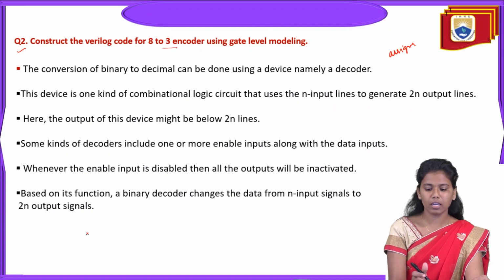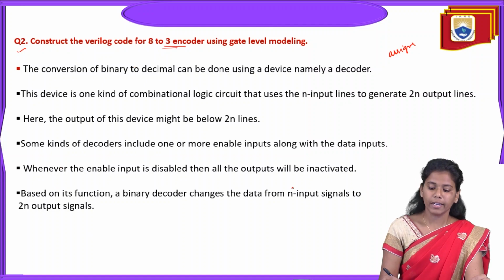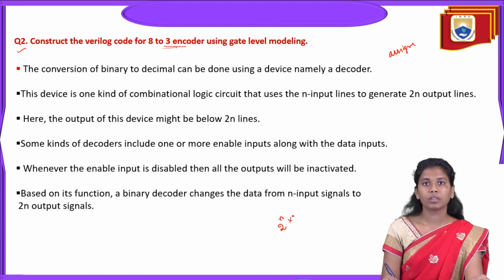And now we all know what is an encoder. An encoder is something where if you give your input as 2 power n, you will get the output as n, right? So this is an encoder. We have different types of encoders. These are the major building blocks for electronic devices, where it encodes the data.